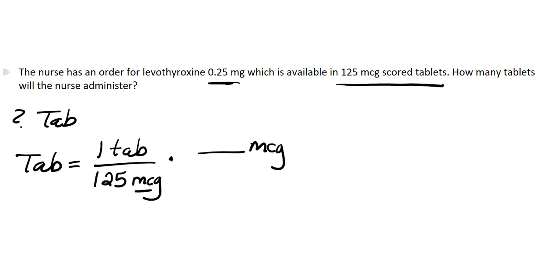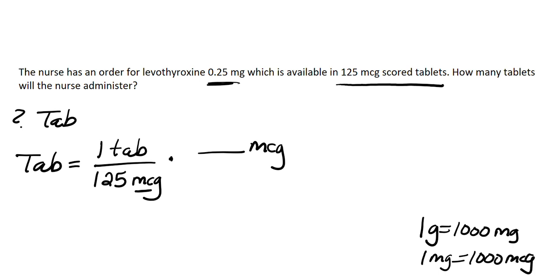In our order, we have milligrams. What do we know? We know 1 gram equals 1,000 milligrams. And we know 1 milligram equals 1,000 mics. All right, we're going to plug it right in. 1,000 mics is to 1 milligram.